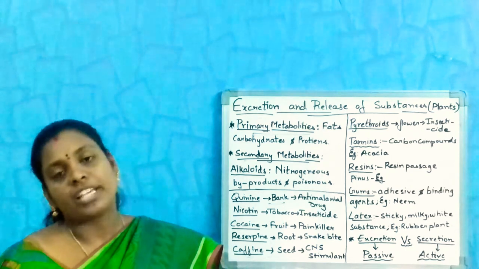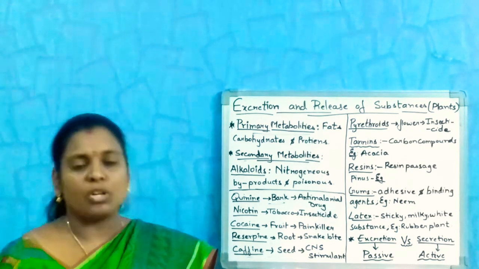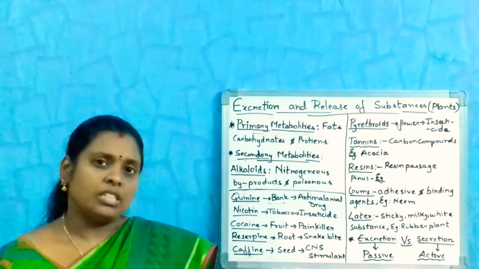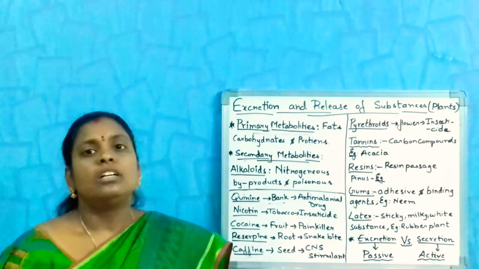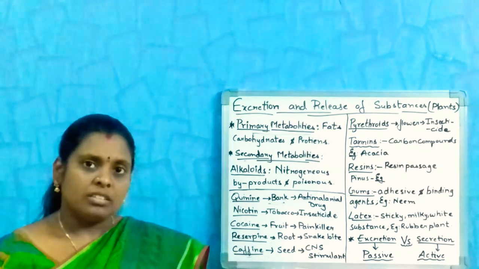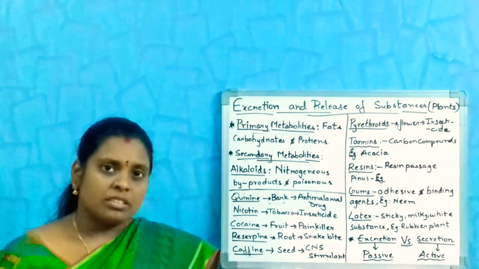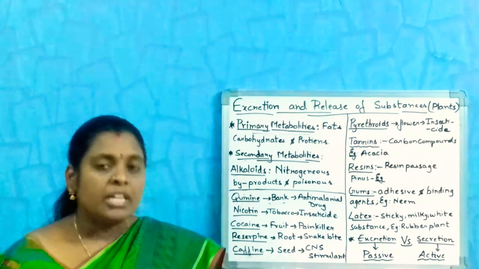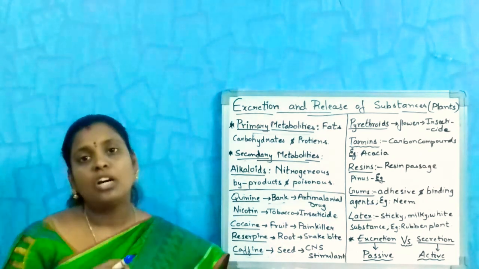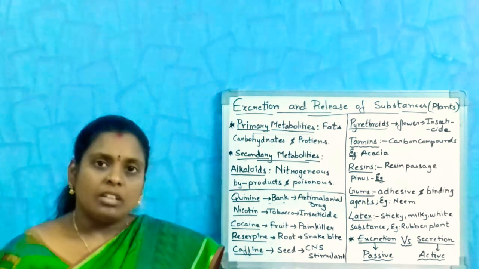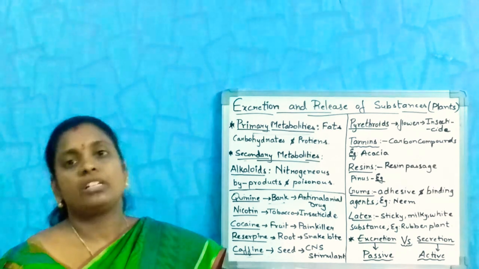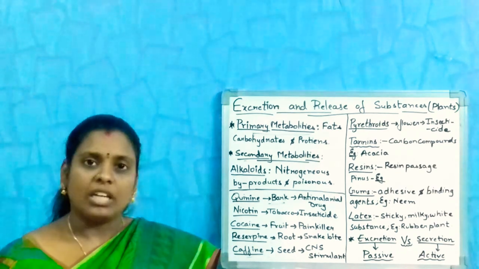So these are all excreted products. Like secretions, that is tears, saliva, carbohydrates, proteins. Yes, these are helpful for us. Tears help with the movement of eyelids. Carbohydrates and proteins are involved in the growth of the body.